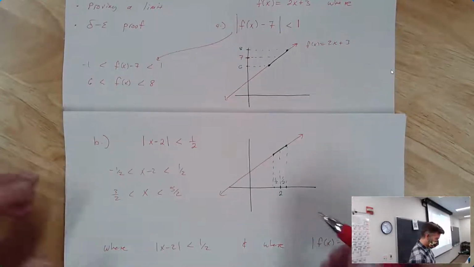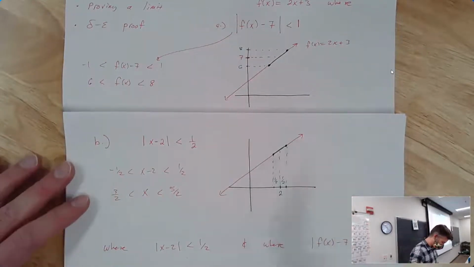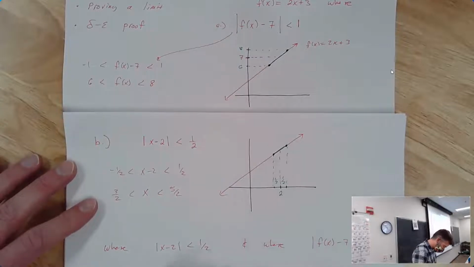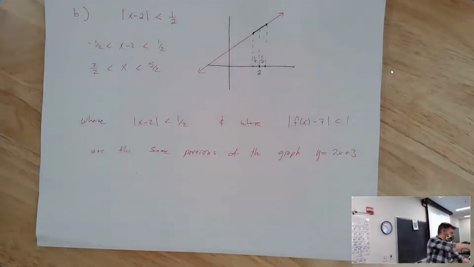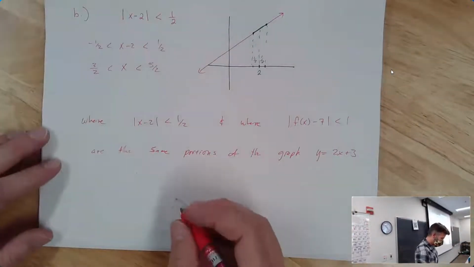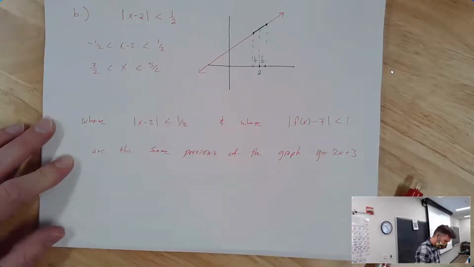So let's think about that. If x is, in fact, let's draw it over here. Oh, yep, sorry, thank you. Never hesitate to ask for that. Sometimes I forget that I have limited screen space here. So we're looking at the same piece of the graph.